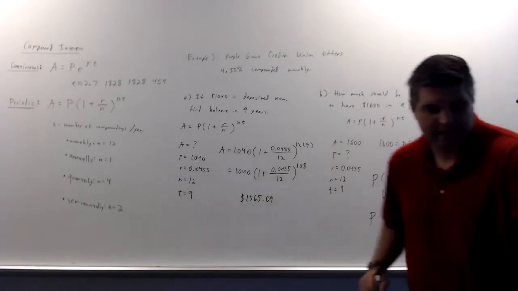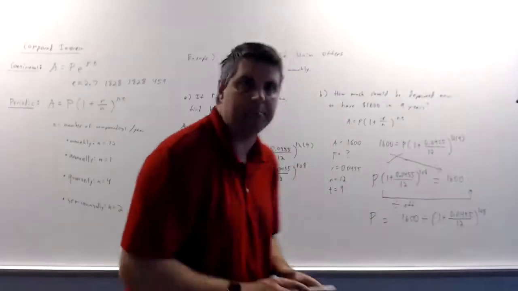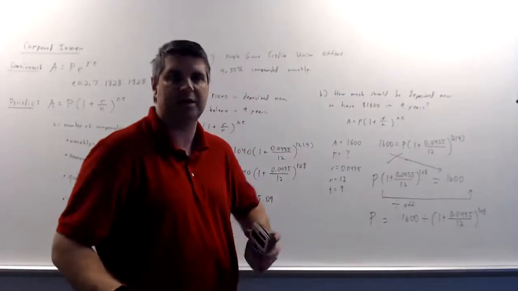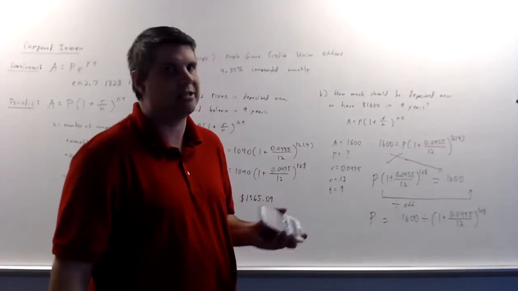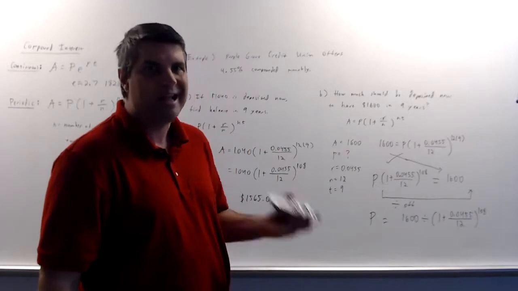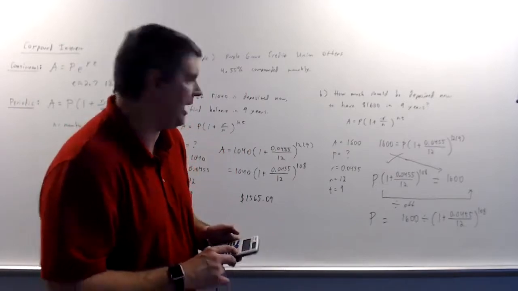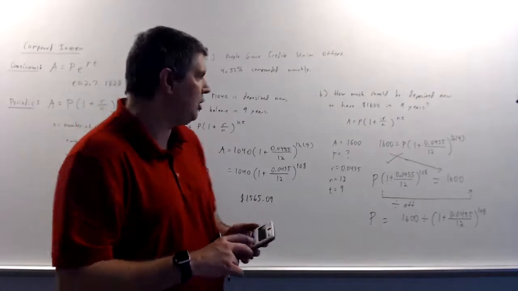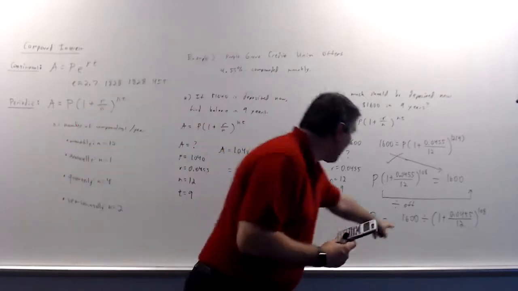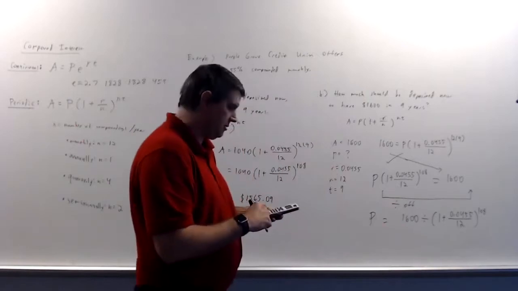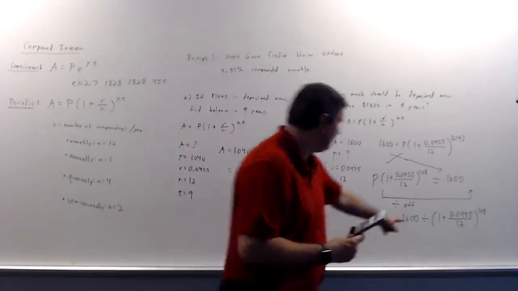Okay? If you're using a Casio and most Texas Instruments calculators, this is not a problem. If you're using one of those calculators that doesn't support the order of operations, this is a little dicey. But for those of you who are using a good calculator, this is not a problem. Just type in the 1600 division, parenthesis.